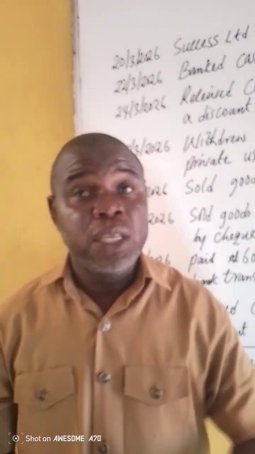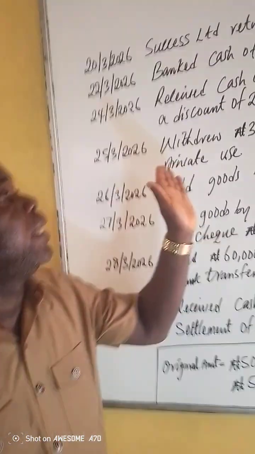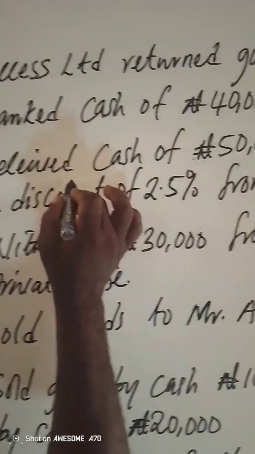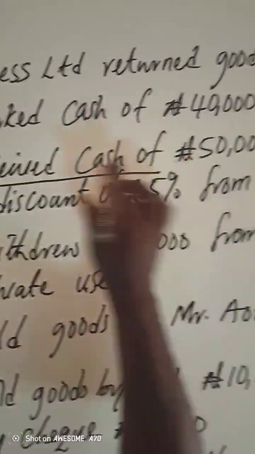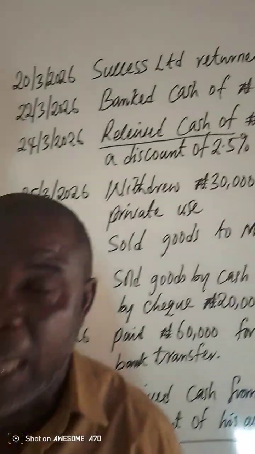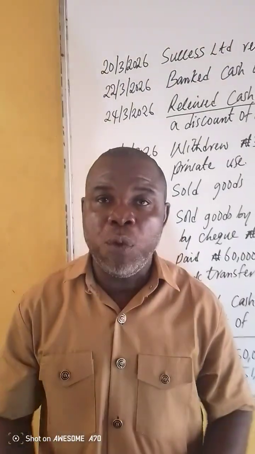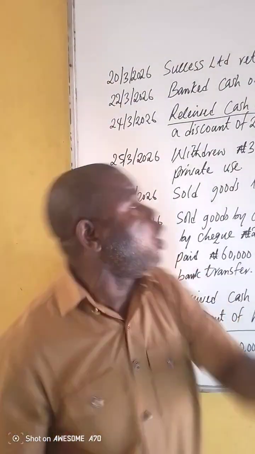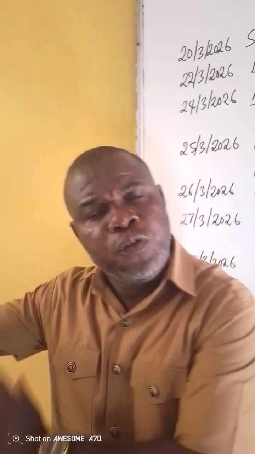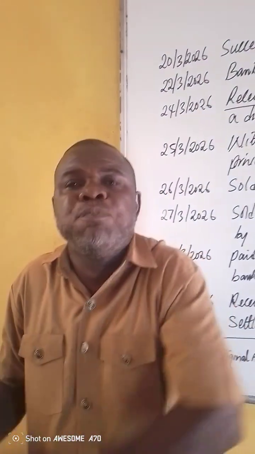But in this case, if you look at the grammar of the statement, where we say received cash of, understand this, received cash of. Here, of is a preposition, and it's a direct language where we are saying the business is receiving cash of 50,000, meaning the discount was removed from the amount that was supposed to be received before receiving 50,000.